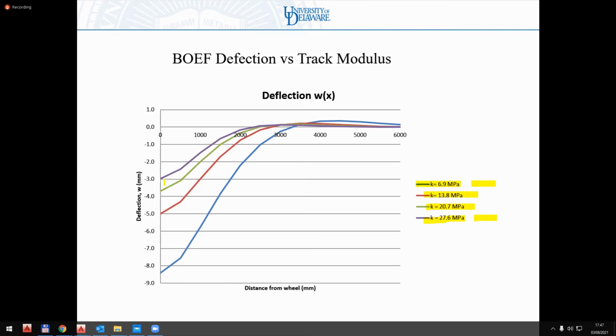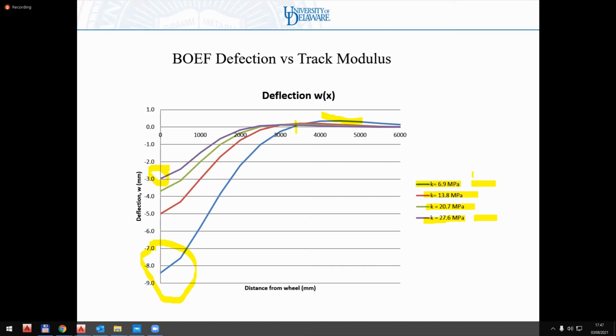But you can see the greatest deflection occurs on the softer track. The least deflection occurs on the stiffer track, which is an engineering behavior that you expect. But also notice how the location where they cross over from the down deflection to the uplift deflection shifts.